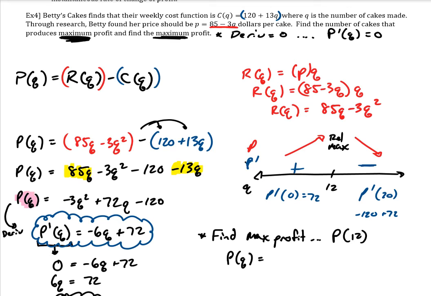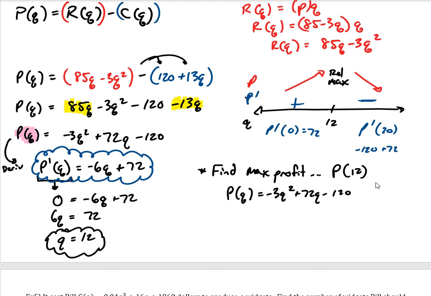Let me rewrite. So here is P of Q equals negative 3Q squared plus 72Q minus 120. And then now we'll plug in 12. So we have P of 12 equals negative 3 times 12 squared plus 72 times 12 minus 120.